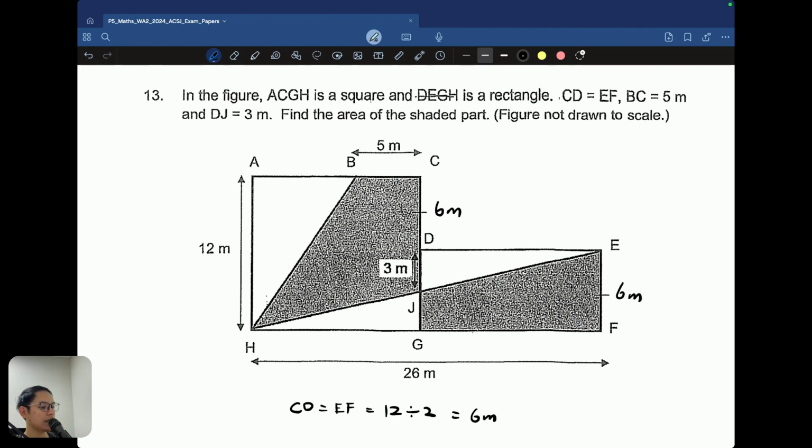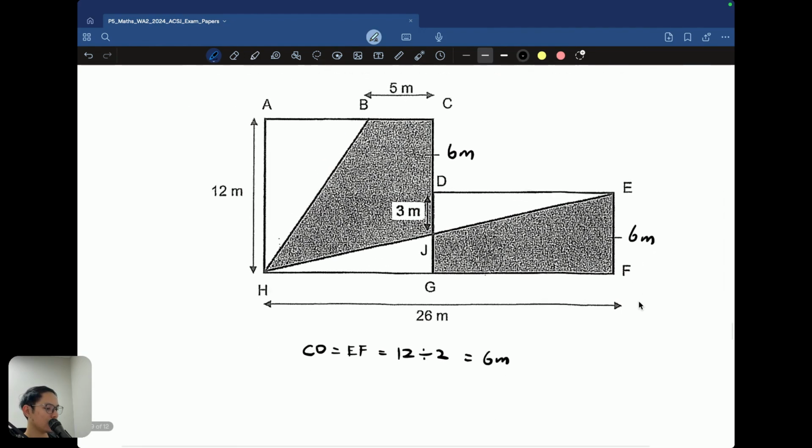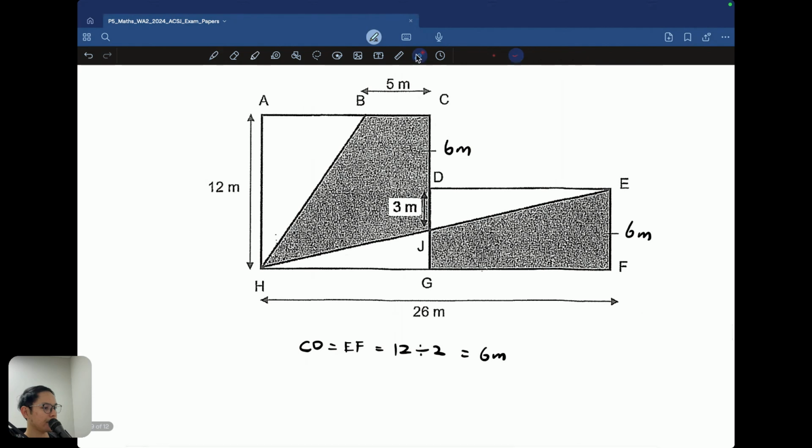So the next thing is that we also know another side of the square. ACHG is basically a square. So the property of a square is that all sides are the same. So we know that this is 12 meters. So HG is 12 meters. So what is GF over here?